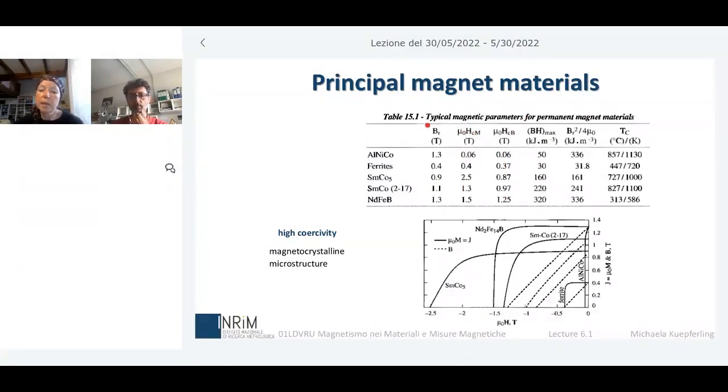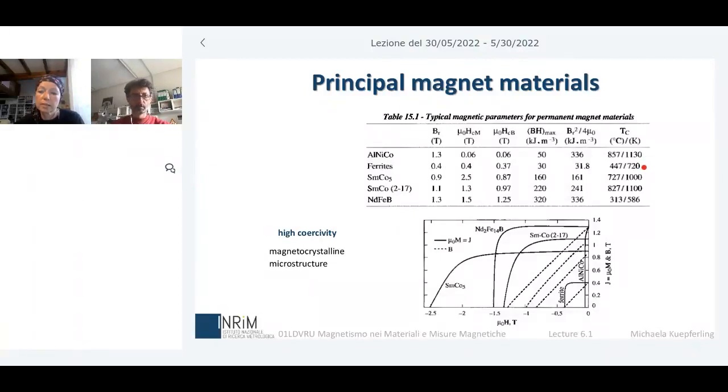Okay, here you can see again the main properties of hard magnetic materials, and we see among them, of course, Tc, BH max, the factor that we needed to describe the working point. And another thing that we still have to consider is the Curie temperature. This is exactly the reason why we still use Alnico in some applications, because you can see that the Curie temperature, with respect to ferrites, for example, is double.